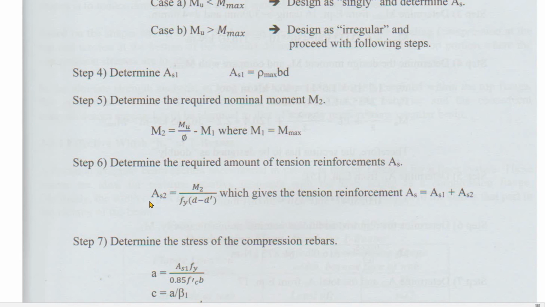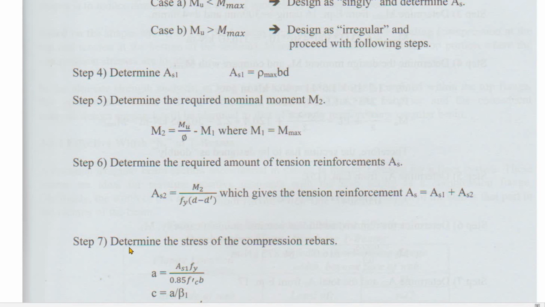Your AS is equal to, remember, AS1 plus AS2. But what is AS1? It is this, okay? Then AS2 is this. It is dependent on M2, which is this, all over Fy times the quantity (d minus d prime).